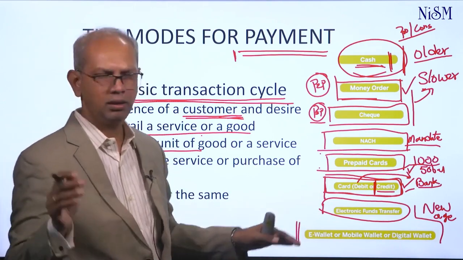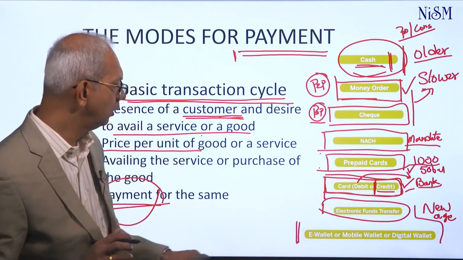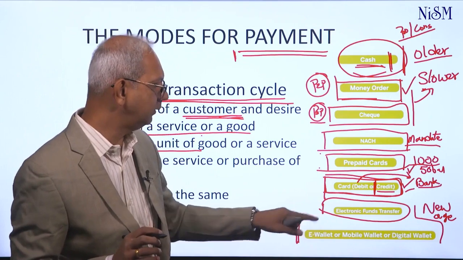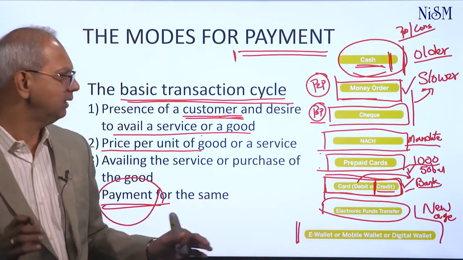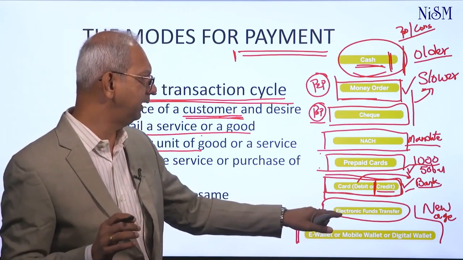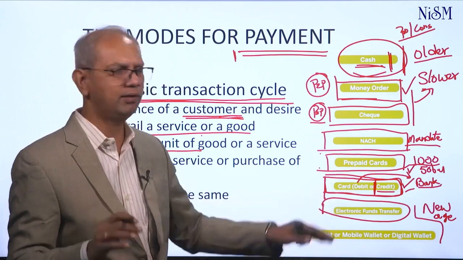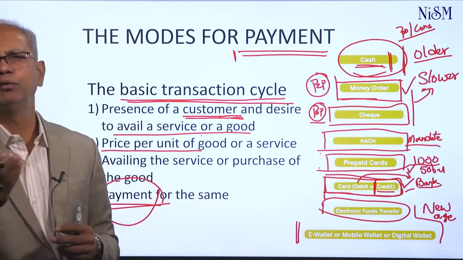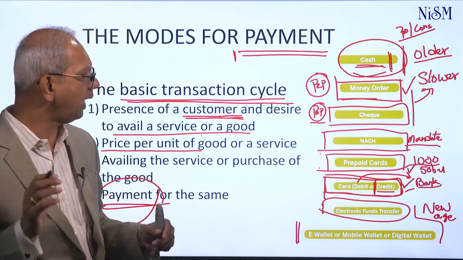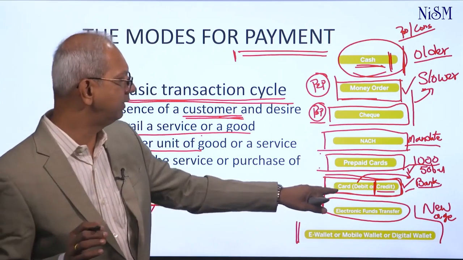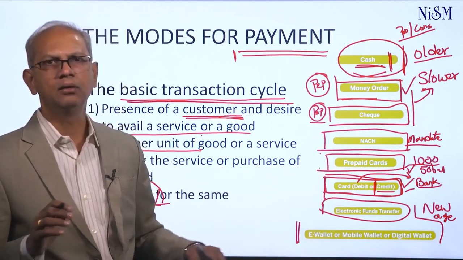Now here, in summary, I just wanted to quickly tell you that there are mechanisms in terms of completing the payment for electronic funds transfer. You would require a few things. It is not as easy as a debit credit card or a prepaid card. Why?